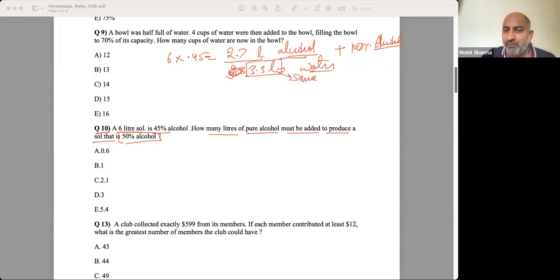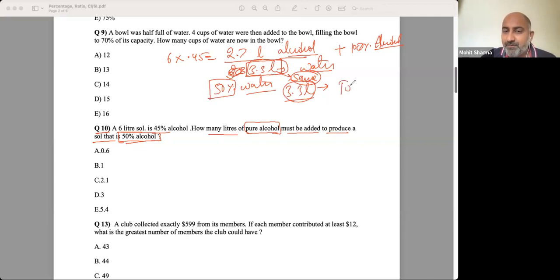We are not adding or removing any water. So after adding pure alcohol, what we have in the solution is 50% alcohol. 50% alcohol means 50% water. So the water remains 3.3 liters. It doesn't change. If that is 3.3 liters, that is half of the solution.